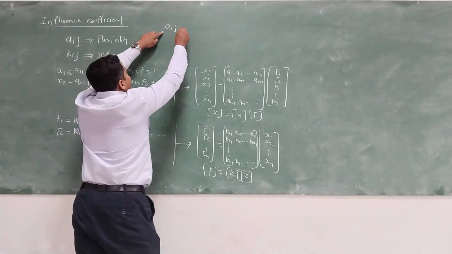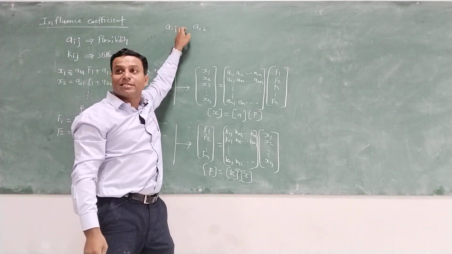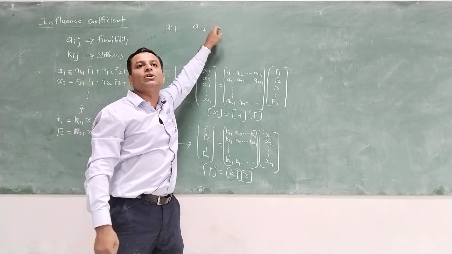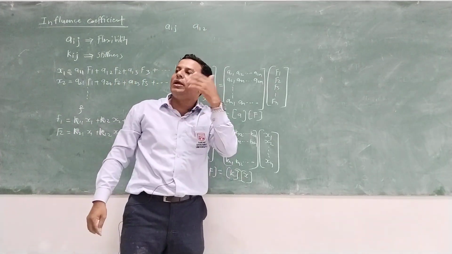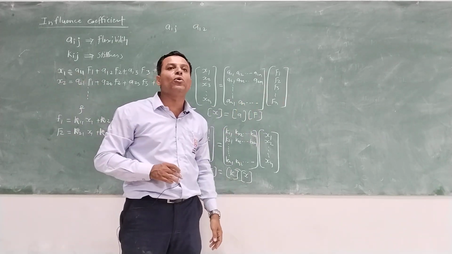So suppose if I write A12, it means displacement at 1 because of unit load at 2. So when you are going to consider unit load at 2, then the load at the remaining masses will be equal to 0.